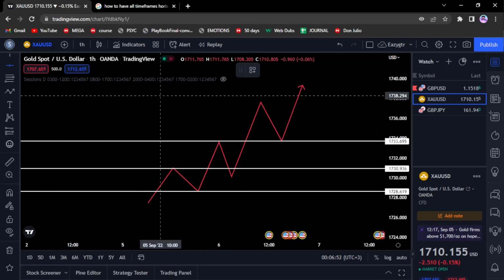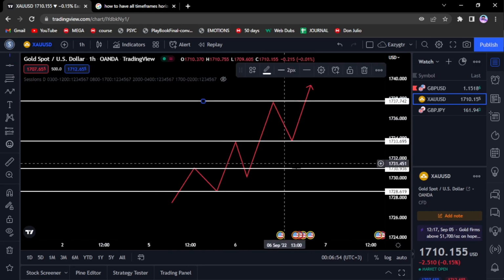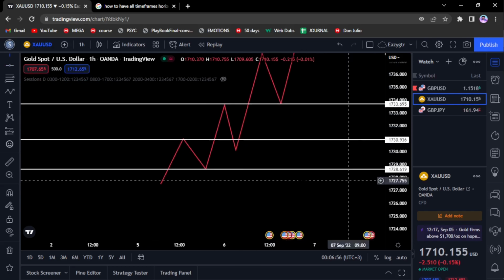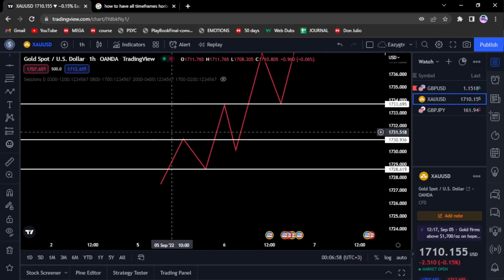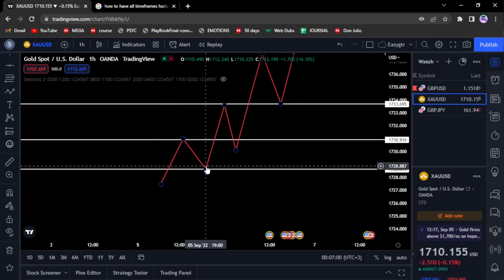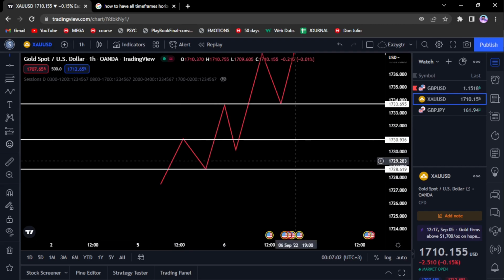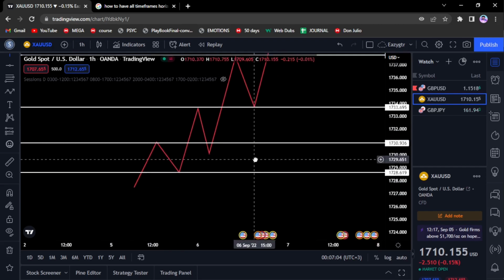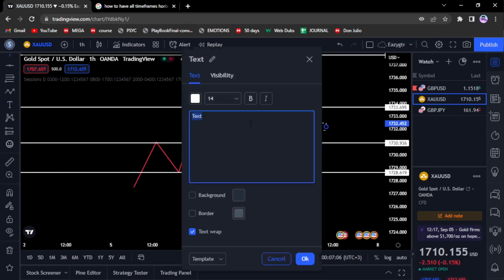As you know, anything between two zones is a range. Okay, so range 1 buys. So here we have a fake out. So we're going to draw our ranges to see how we could have avoided that fake out. Range 1.